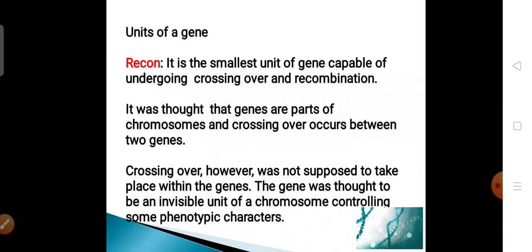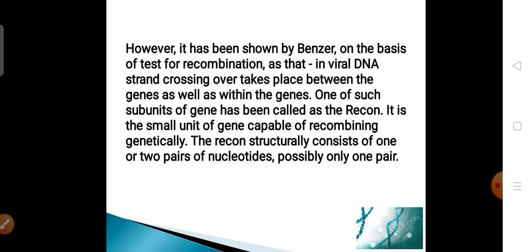Scientists thought that genes are parts of chromosomes and crossing over takes place between two different genes. It was thought that recombination does not take place within the same gene. The gene was thought to be an invisible unit of a chromosome which controls some phenotypic characters.